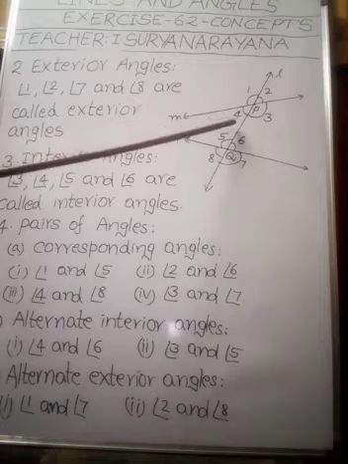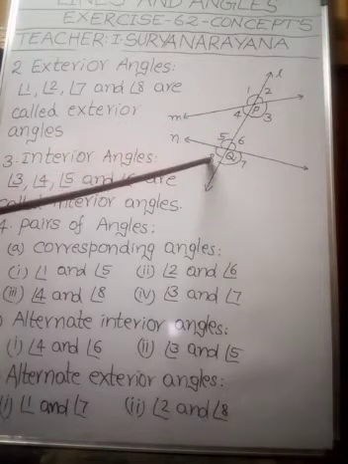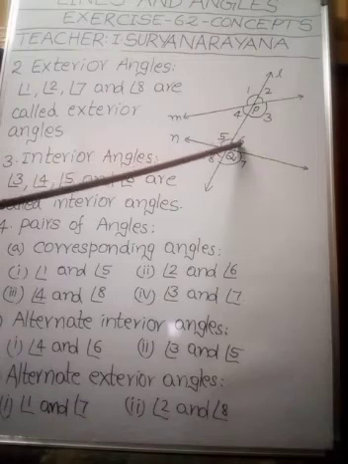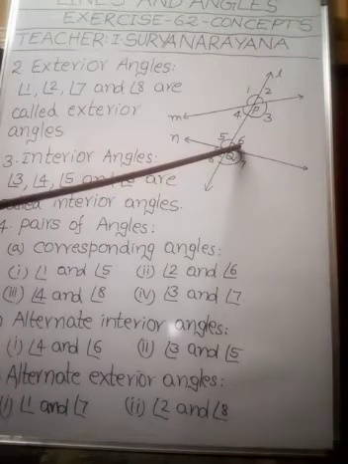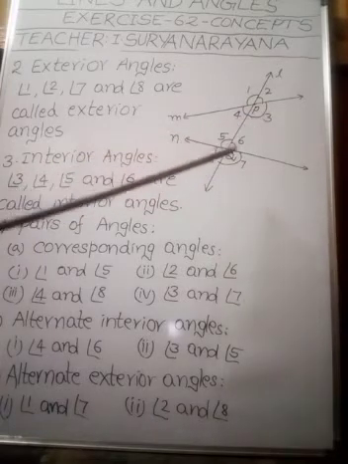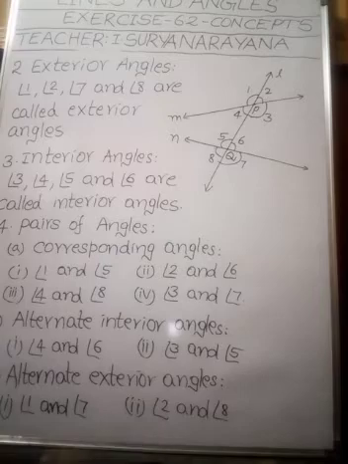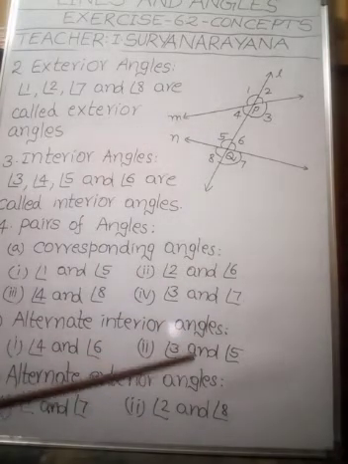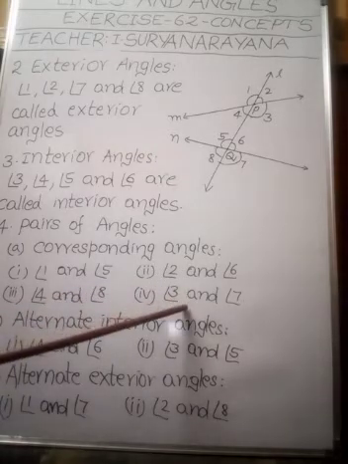Similarly, angle 4 and angle 8, angle 2 and angle 6, this pair of angles are said to be corresponding angles. Similarly, angle 3 and angle 7. We can't take a single angle, only a pair of angles is said to be corresponding angles.